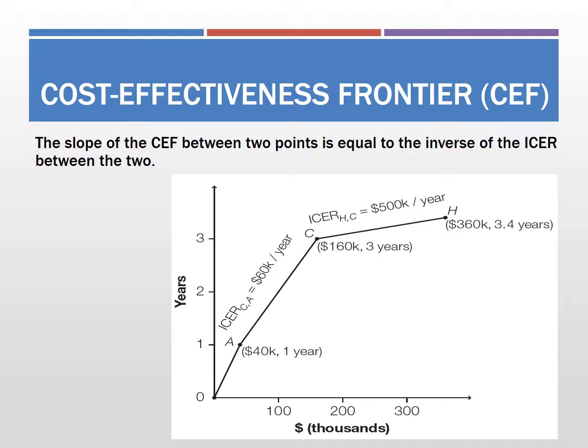So for example, if we are trying to find the ICER between treatment A and treatment C in this diagram, we are basically calculating the slope of these 2 points and then inverting it. Same for the ICER between treatment H and treatment C. We are again calculating the slope of these 2 points, and then we invert it, and it becomes the ICER between the 2 treatments.